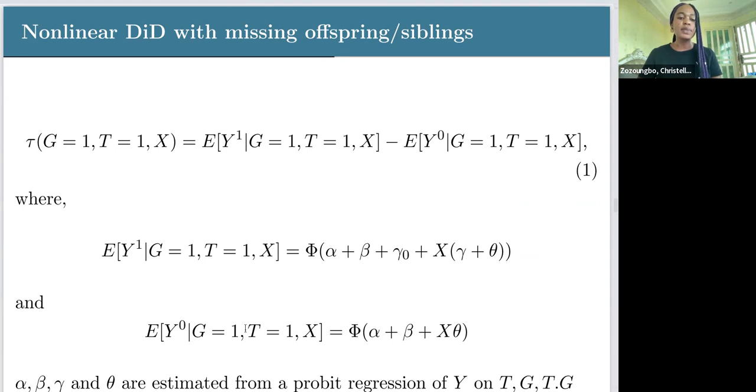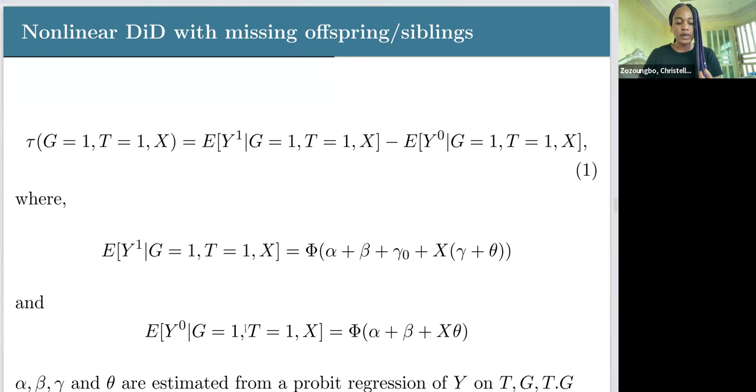I use more specifically a non-linear difference in differences because the outcome variable was binary and I did not want to assume a linear probability model, but that's a different story. Here, I'm more focusing on the identification.